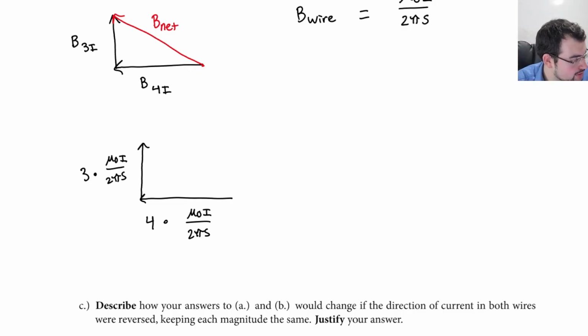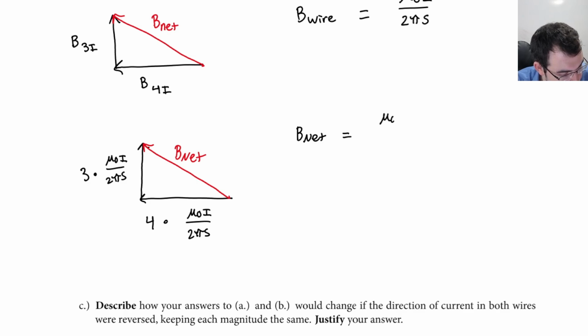And you've probably predicted it coming for a while, what the hypotenuse is going to be. Of course, we'll find it because that's what we do. So B net is equal to, we know the units are mu naught I over 2 pi s, and then we just use the Pythagorean theorem, 3 squared plus 4 squared.